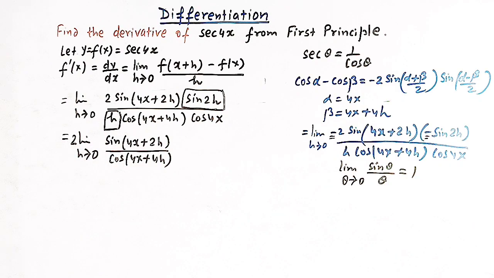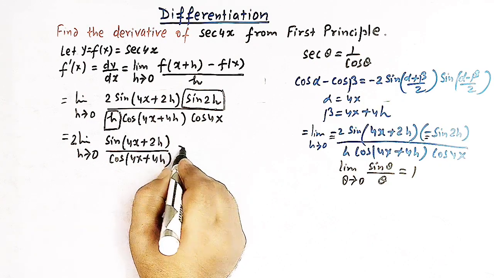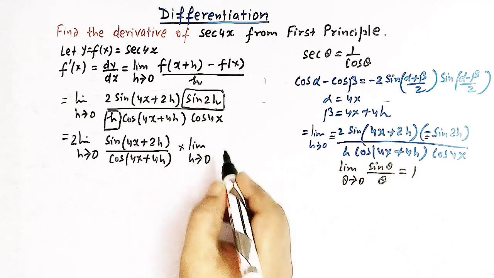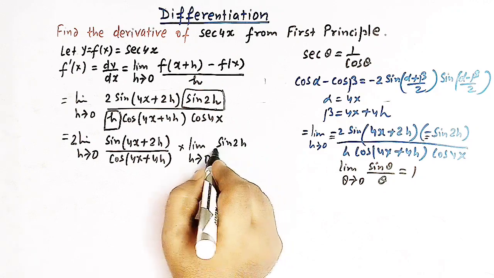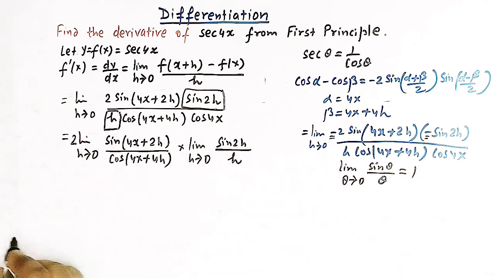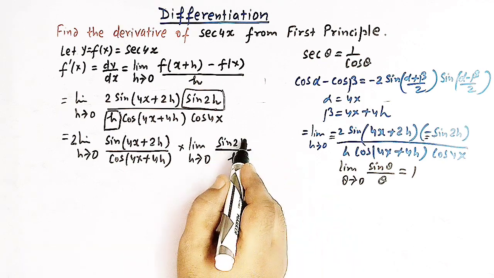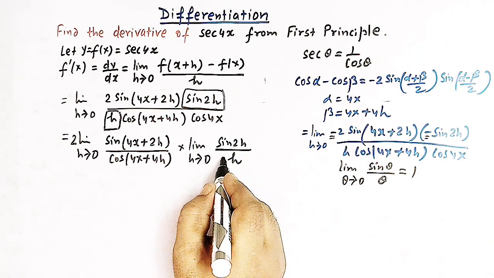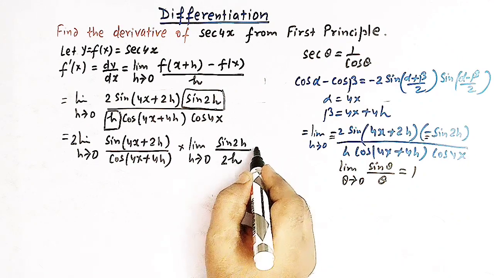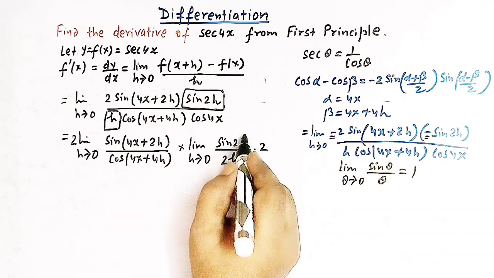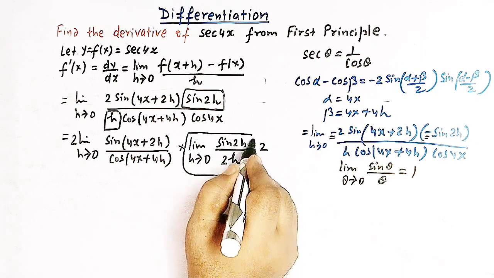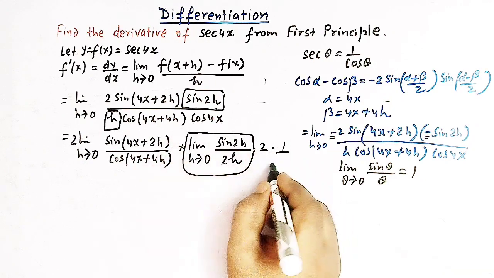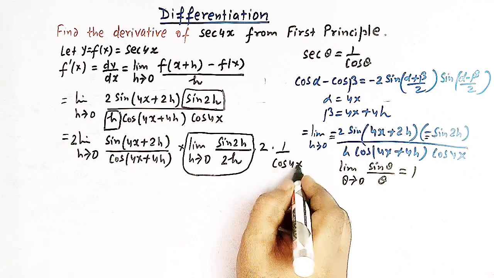We can take it outside, and then we have this expression, that is limit h tends to 0 of sine 2h divided by h. So for converting this limit into this form, here we have 2h, so writing here 2h and multiplying the denominator by 2, this limit is now equal to 1, right? And moreover we have this factor that is 1 over cosine 4x.